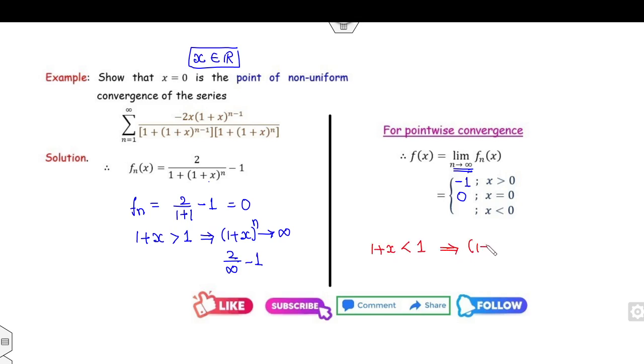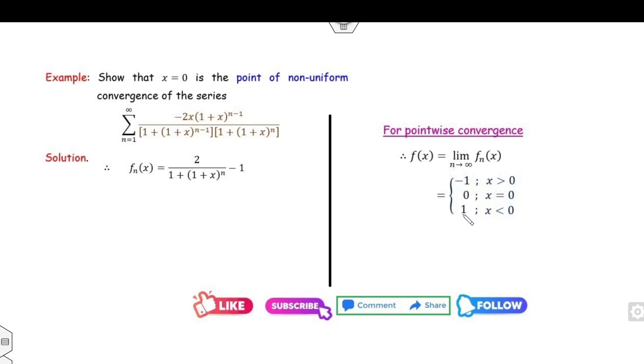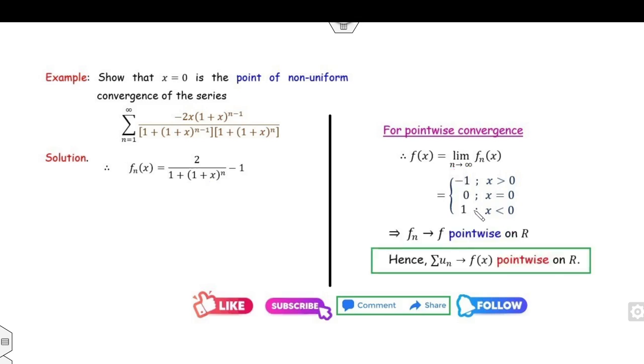This implies 1 plus x raised to power n will go to 0 as n approaches infinity. So I can substitute this: it is 1 plus 0 minus 1. The answer is plus 1. And you can see in all the cases the limits exist. Therefore, the series is pointwise convergent.